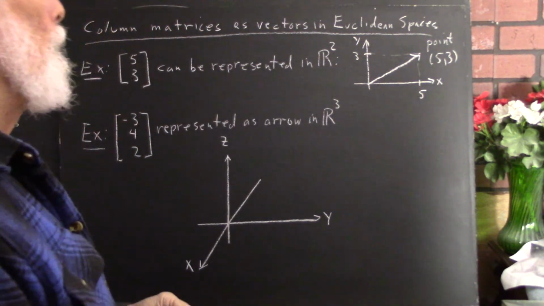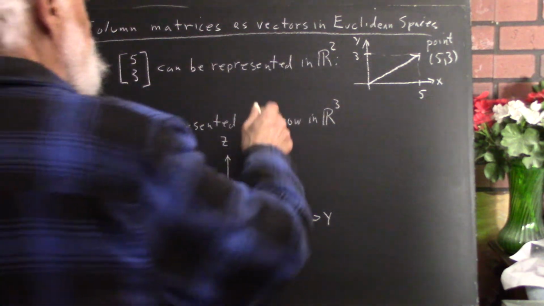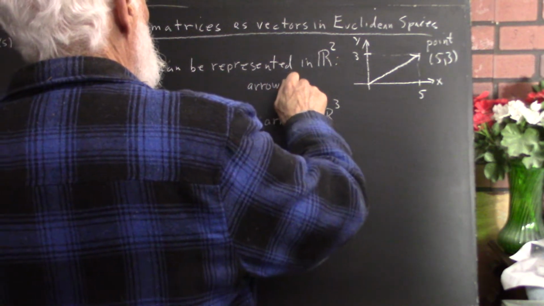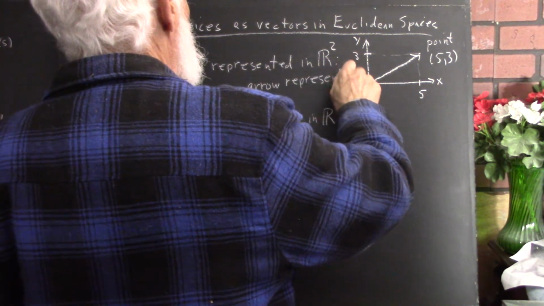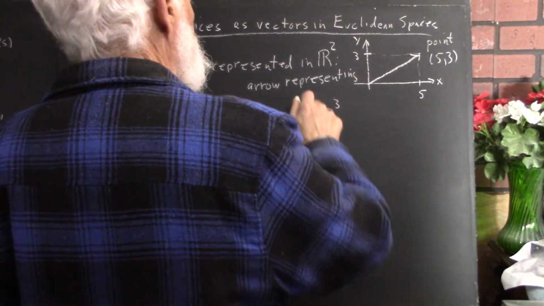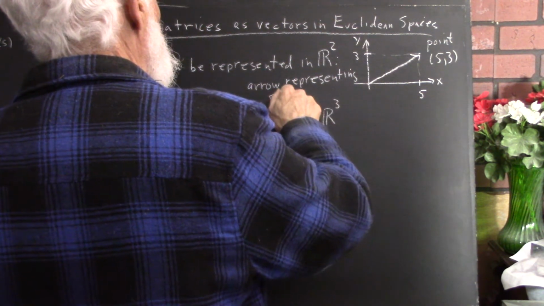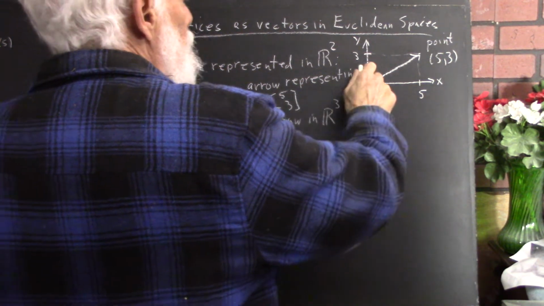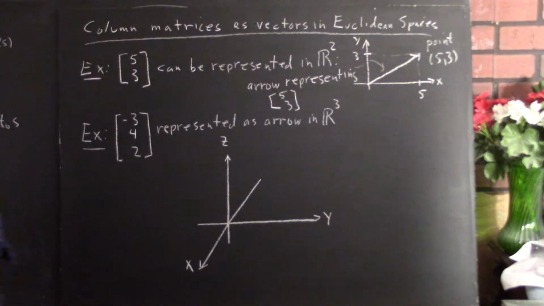So this is the arrow that represents, I'll label that as the arrow representing the column vector 5, 3.